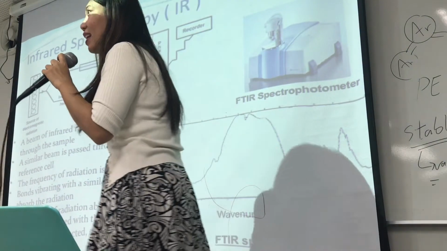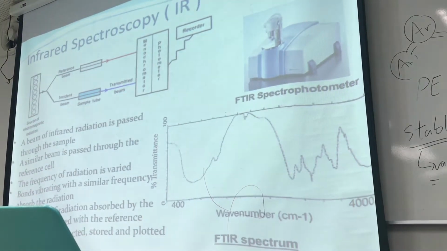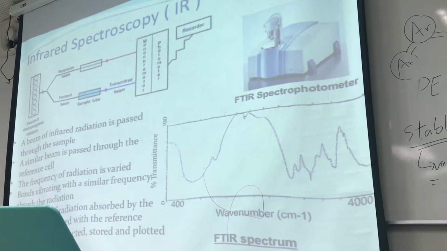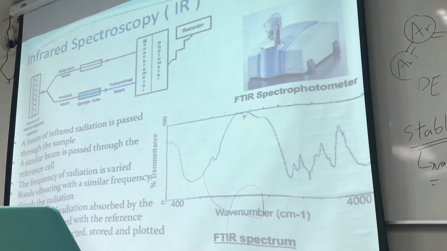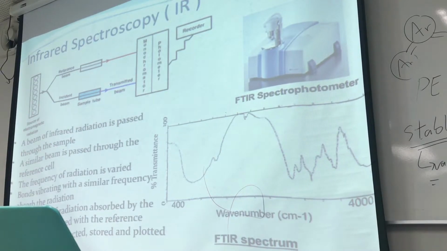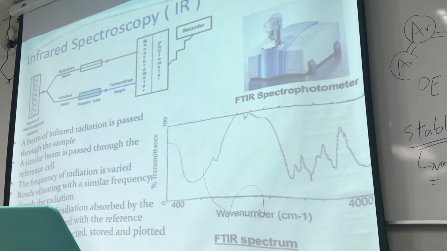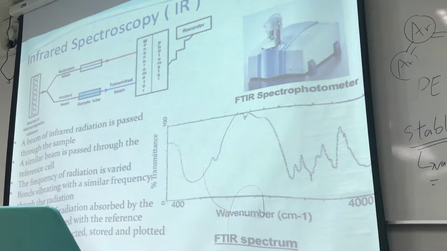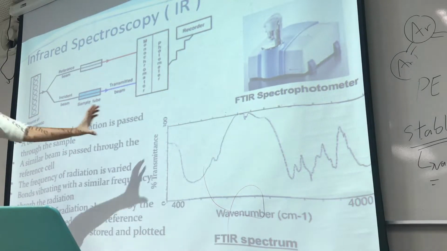Alright, you see that? So, let me summarize it for you. For the polymer, when we talk about seeing the structure of polymer, what we care about is what is bonded with what. So what happens is we shine the IR onto your sample. And then if there is some kind of drop in transmission, that means there is absorption that designates the bonding right there. And how would you know what bond it is?